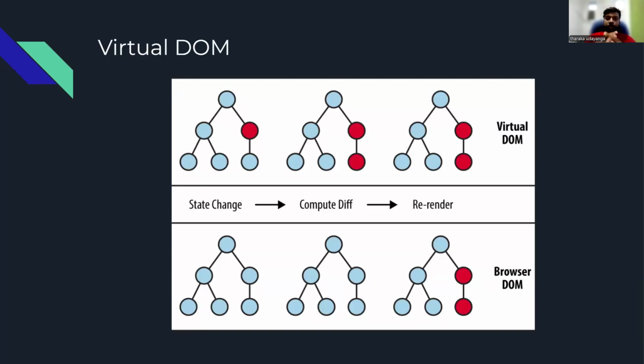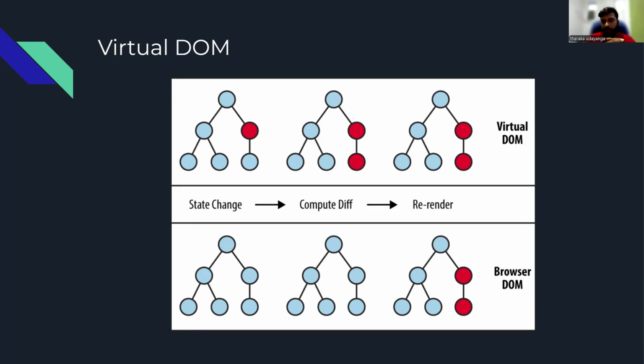Okay, now the virtual DOM. This is the main concept React is following. The virtual DOM is a concept where React keeps a copy of the real DOM and computes the difference between the old virtual DOM and the new virtual DOM. It computes the difference and then re-renders only the changes.